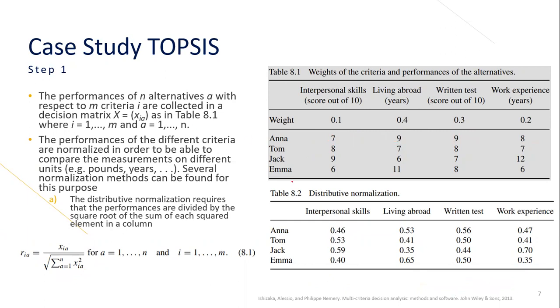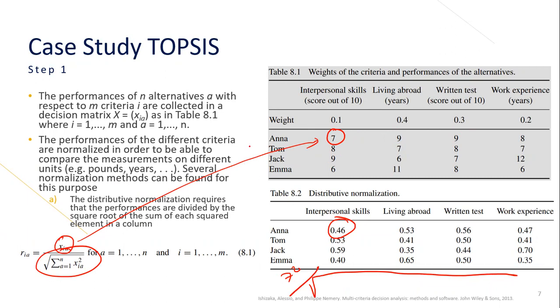This one is 7 square, X_ia here, divided by the square root of 7 square plus 8 square plus 9 square plus 6 square. Because the sum from a until n goes down the column, not to the right. So this is how you get this part.